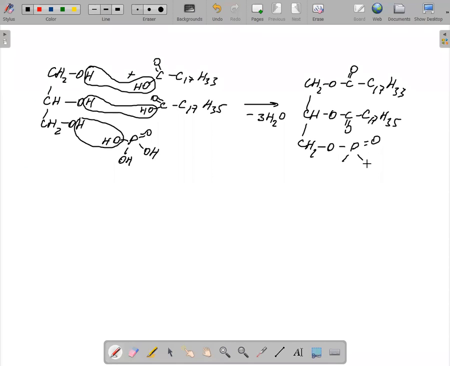One, two, three, four, five. OH and OH. Oh, voila. We got phosphatidic acid that contains the residue of oleic and stearic acid.